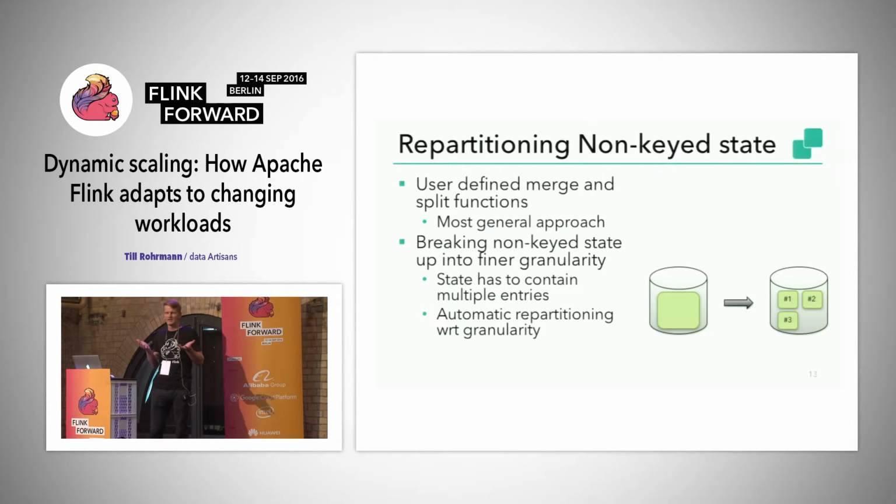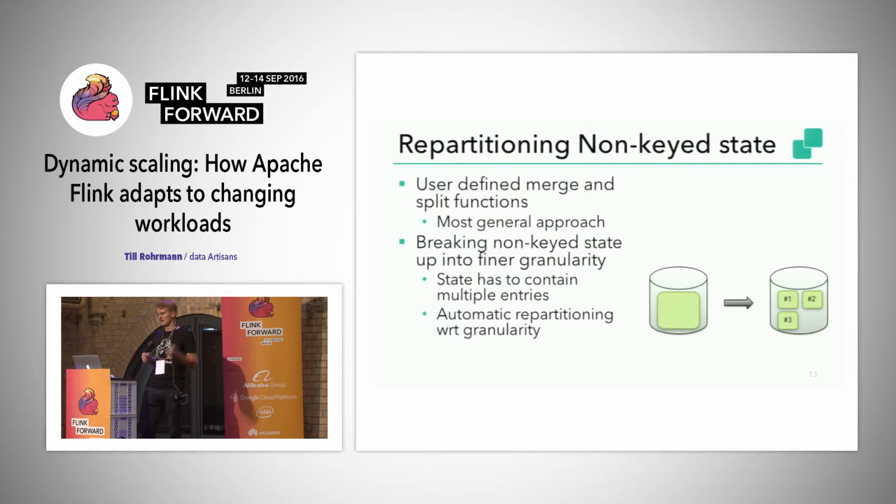For example, a counter value would not be possible, but as we will see later, the Kafka source state, where we store partition offsets, is easy to split up.